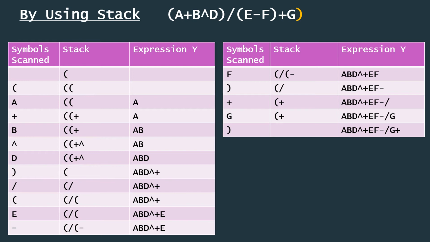Now the next symbol to be scanned is G, that will go to the expression, then the right parenthesis, which will pop the operator from the stack, that is the plus operator, which will be added to the expression y. Now your resultant postfix expression is ABD exponentiation EF minus division G plus.